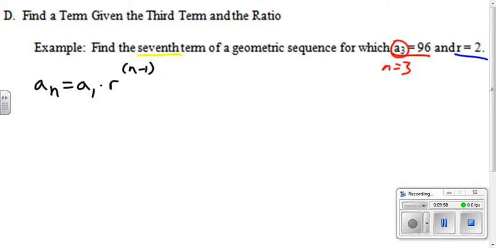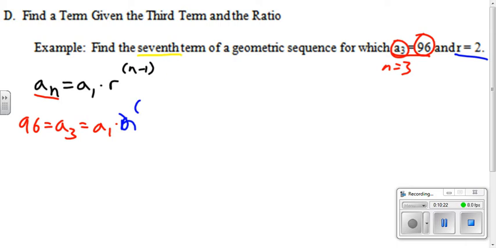And we know that a sub 3 is going to be 96. So I would say then 96 equals a sub 3. And going from this equation, a sub n, or a sub 3, equals a sub 1, which we don't know yet, times the value of r, which is 2, to the n minus 1.